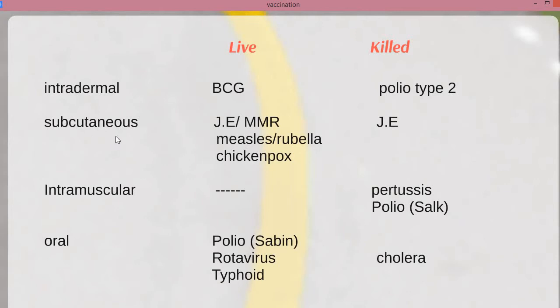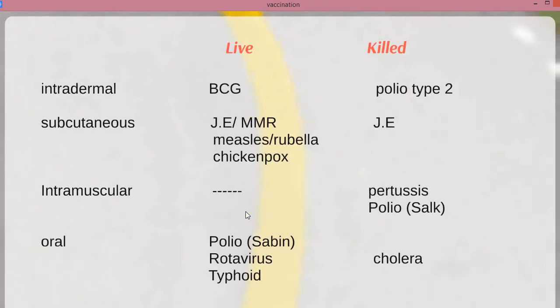Then there are subcutaneous vaccines, which is a common group. Live JE or Japanese encephalitis, then mumps, measles, rubella, or commonly termed MR, and chickenpox. These are live attenuated vaccines. Killed vaccines which can be given by the subcutaneous route include the killed Japanese encephalitis vaccine.